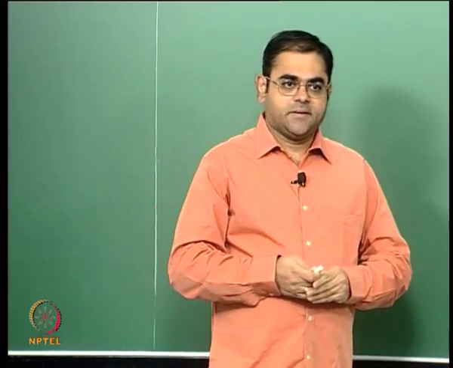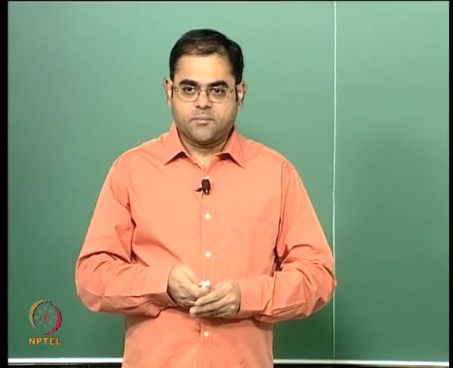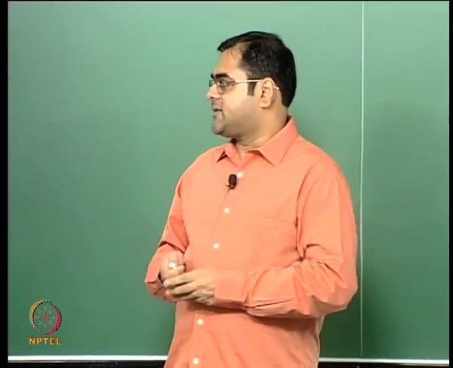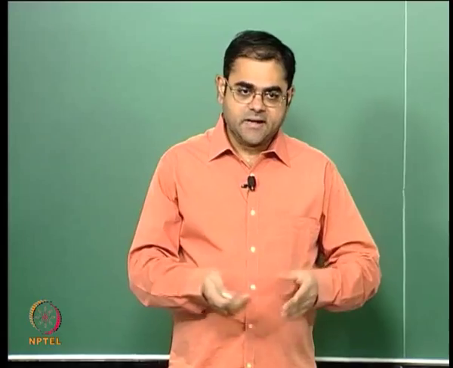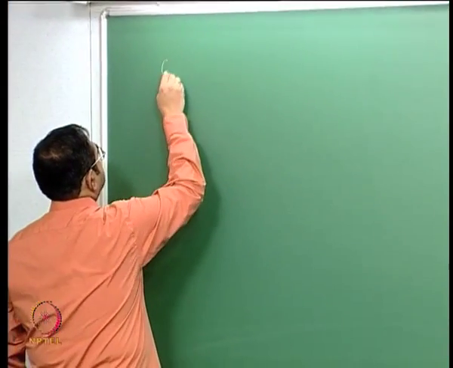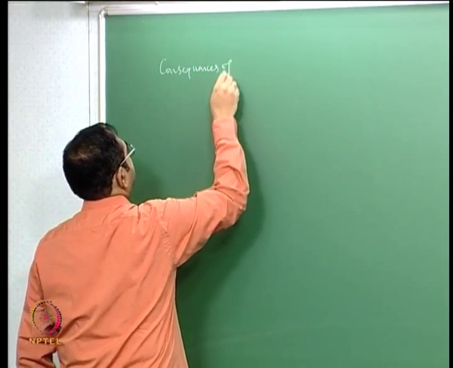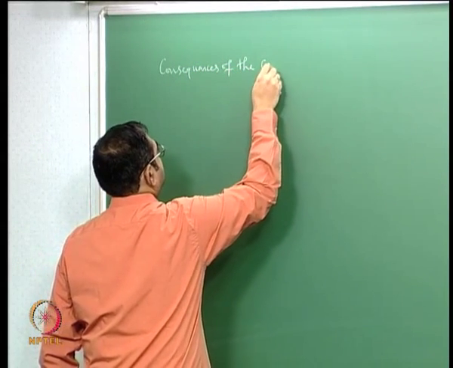So the key to understanding this is trying to understand the covering homotopy theorem. Okay, so I stated the covering homotopy theorem and I was deriving consequences. So let me quickly recall consequences of the covering homotopy theorem.